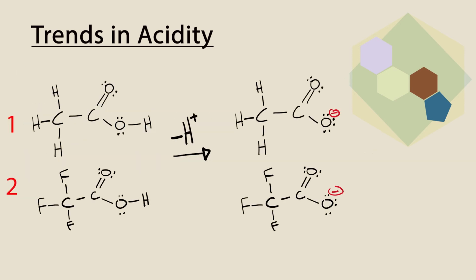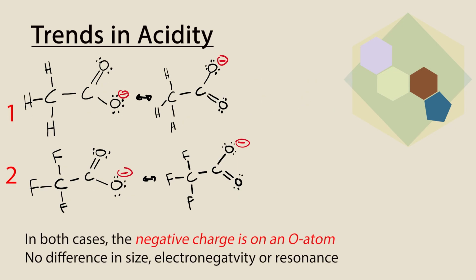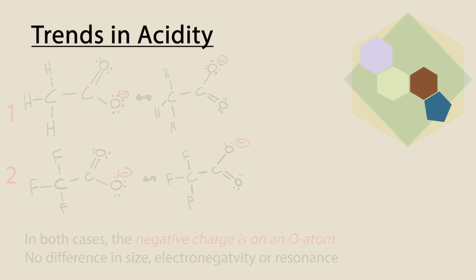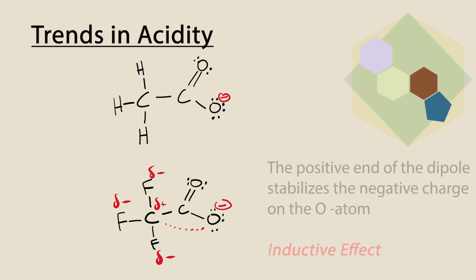The last trend we will look at is between acids where there is no difference in size, electronegativity, or resonance structures when comparing their conjugate bases. In these instances, the inductive effect will allow us to predict the relative stability of the conjugate bases.